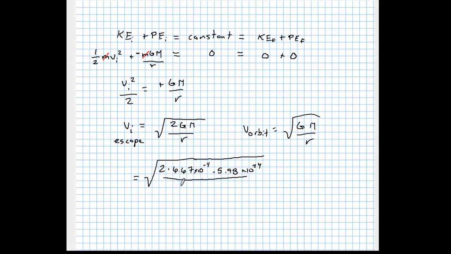That's 6370 kilometers again. 6370 times 10 to the third to put it into meters. And that works out to around, rounding and not showing you the calculation, 11 kilometers per second. So that's how fast you need to go to escape, and you need to go a little less than that in order to make it to an orbit.